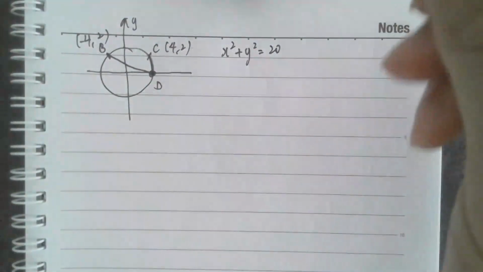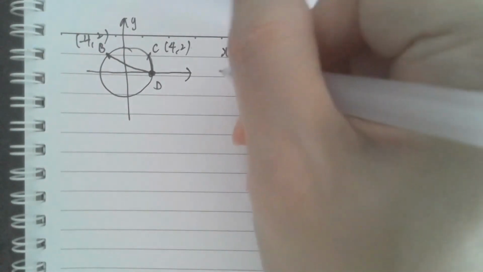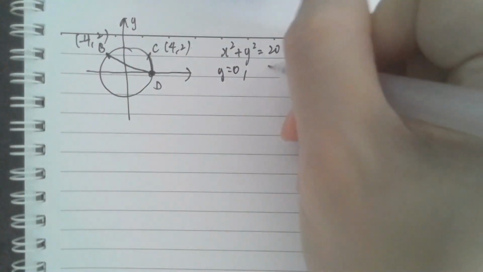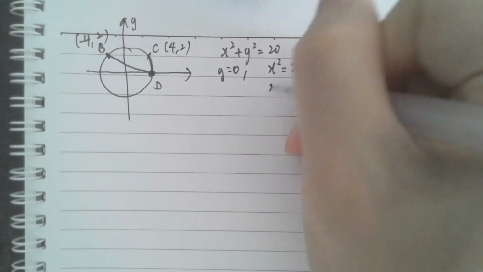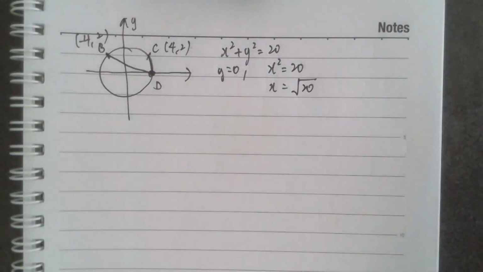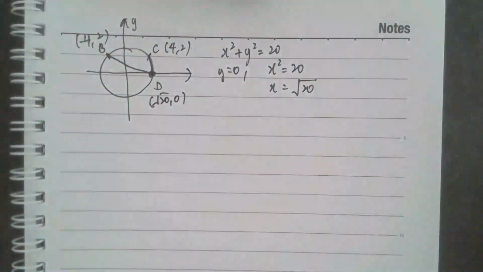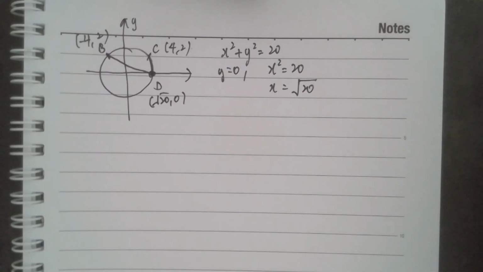For D, it's the positive side of x, so therefore y is 0. So x squared equals 20, and x is the positive root 20. That's D. So D is root 20, 0.